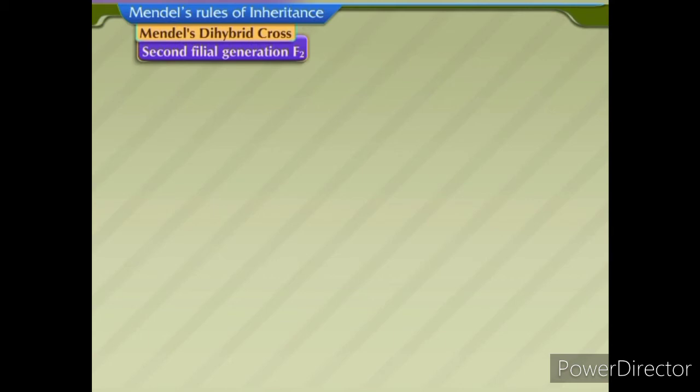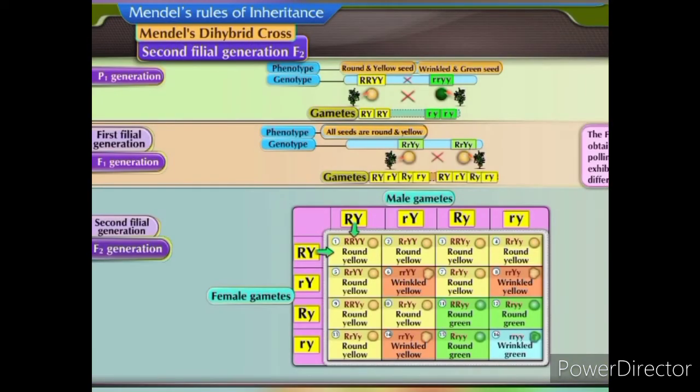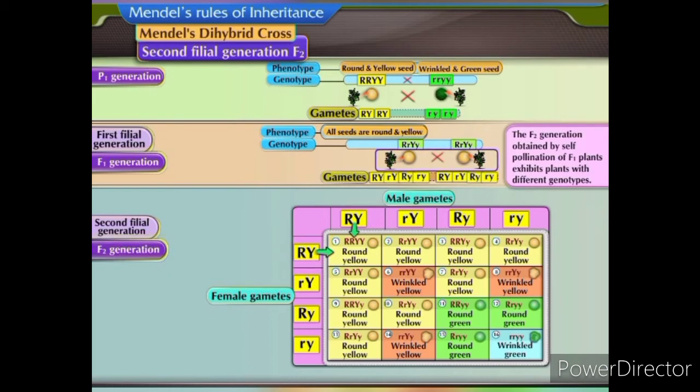Second filial generation, F2. The F2 generation obtained by self-pollination of F1 plants exhibits plants with different genotypes.